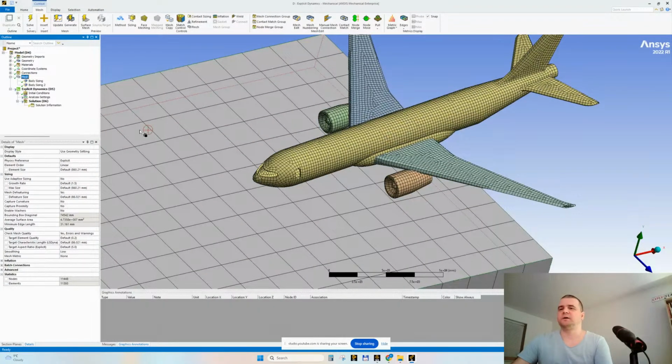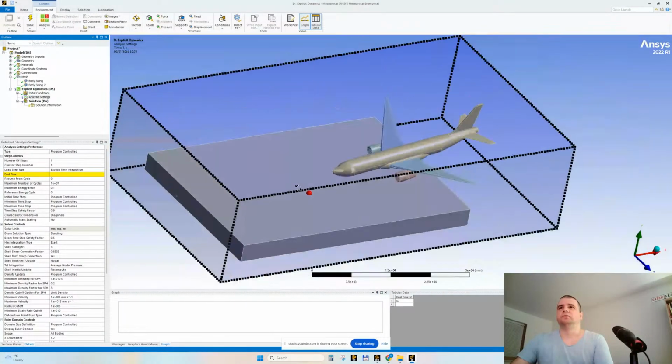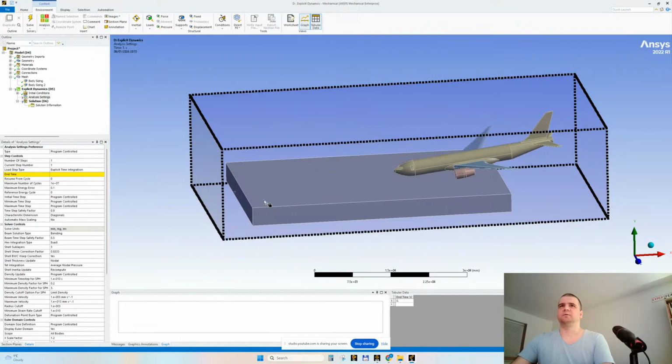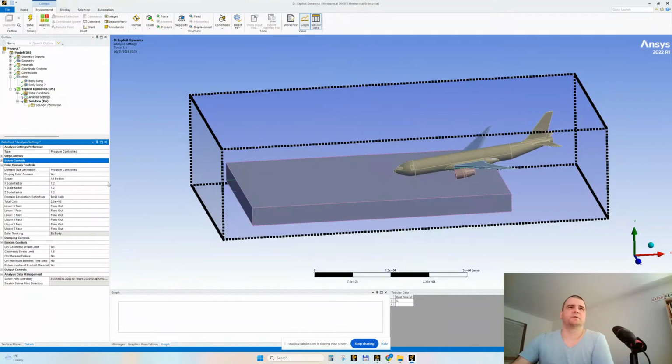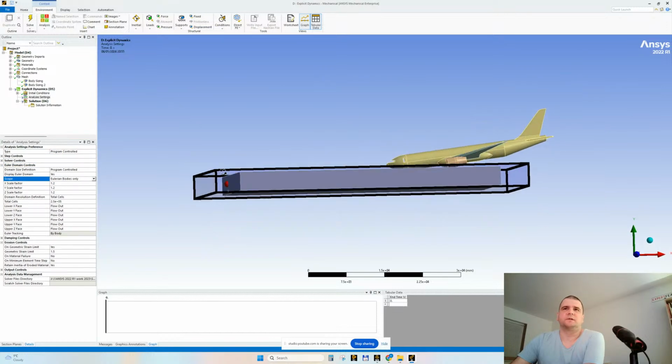Let's assign some of the boundary conditions, okay? So let's now encompass only the water, okay, at this moment. Let's go for Eulerian domain controls. And here, instead of all bodies, I would want to go with Eulerian bodies only.